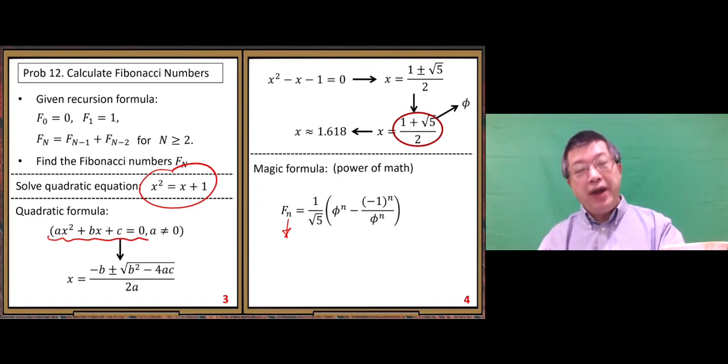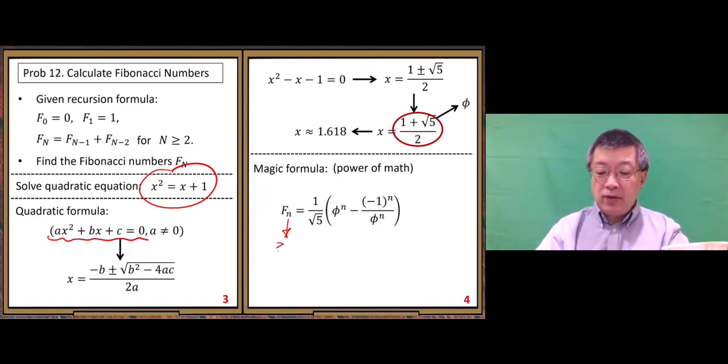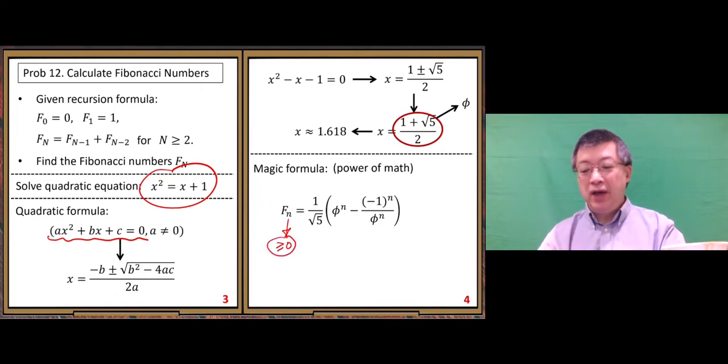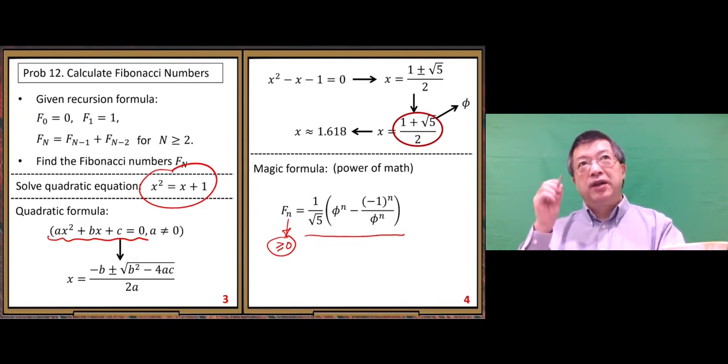For any n greater than or equal to 0, if you plug into this formula, you will get the exact Fibonacci number corresponding to n. That is a very powerful expression.